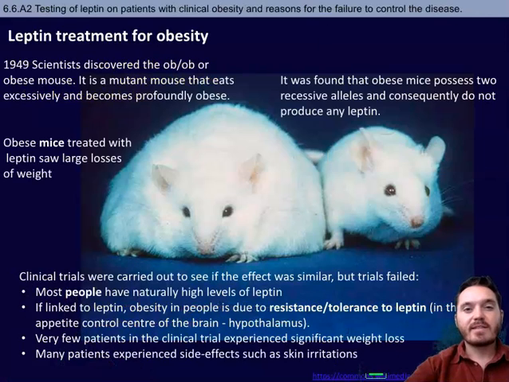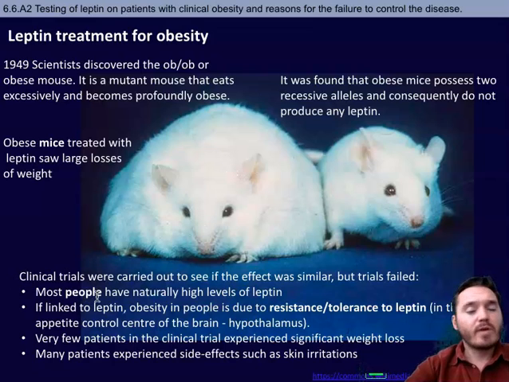This led scientists to believe that they could treat obesity in humans with the hormone leptin. They did treat the obese mice with leptin and saw great decreases in weight. The mouse's appetite was regulated, and it lost a lot of weight. They thought they could use this same treatment in humans.